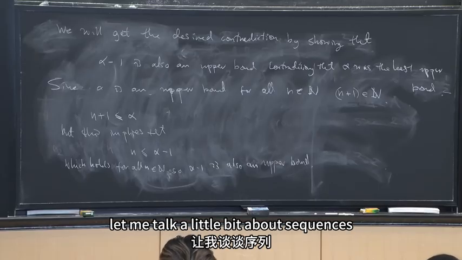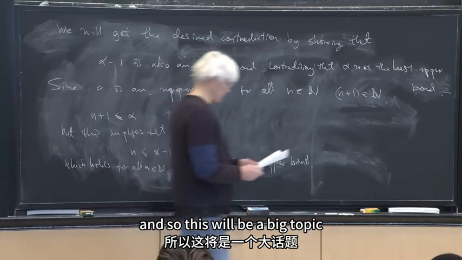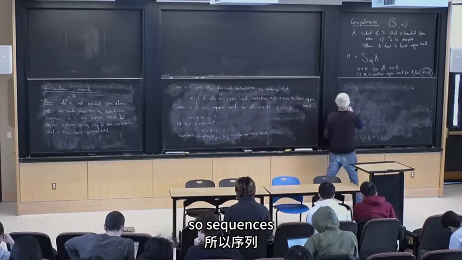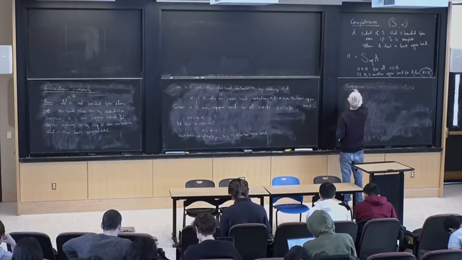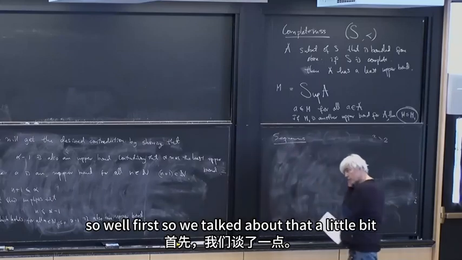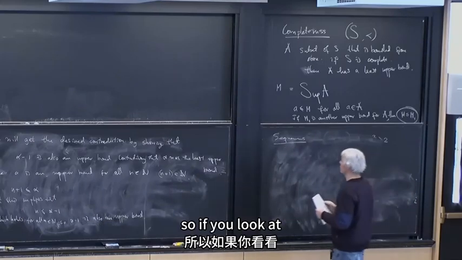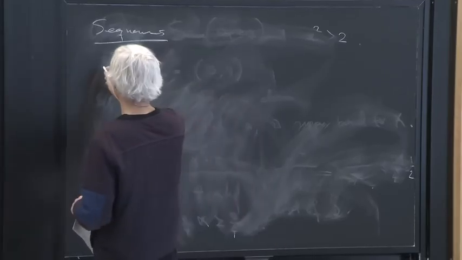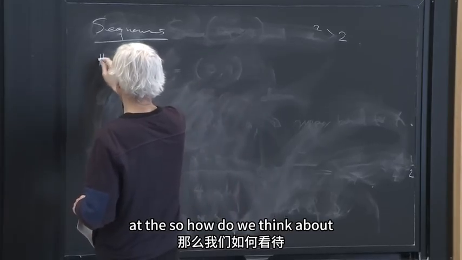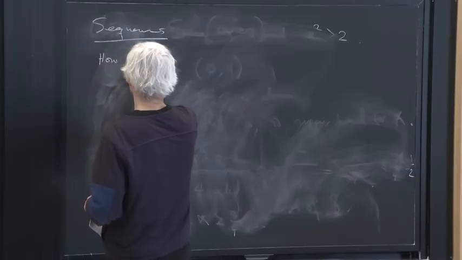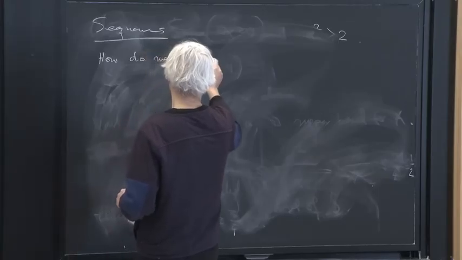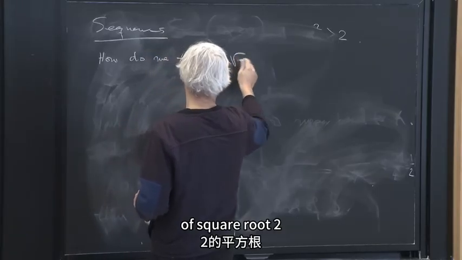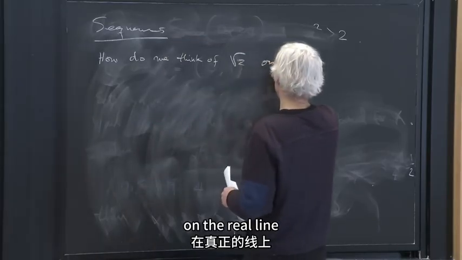Let me talk a little bit about sequences, and this will be a big topic. So how do we think about square root of 2 on the real line?